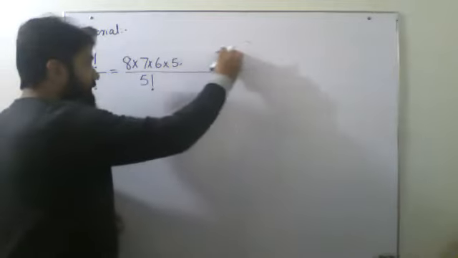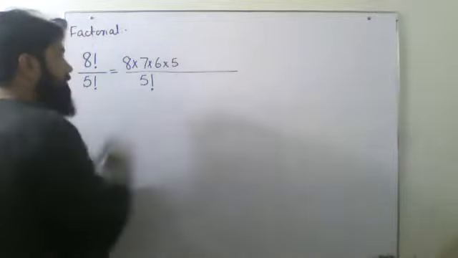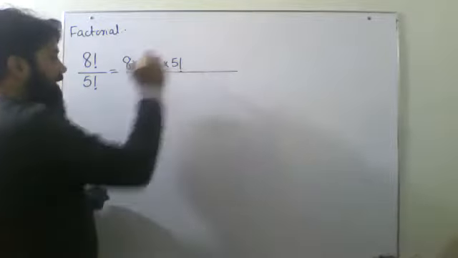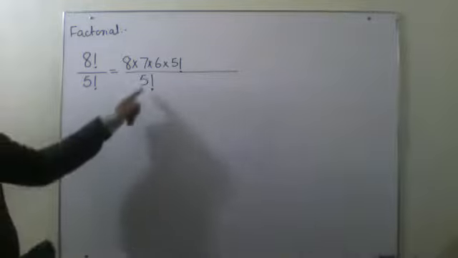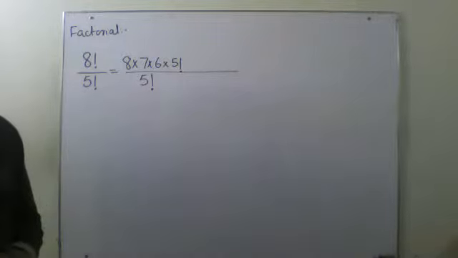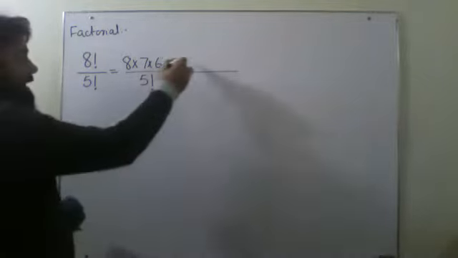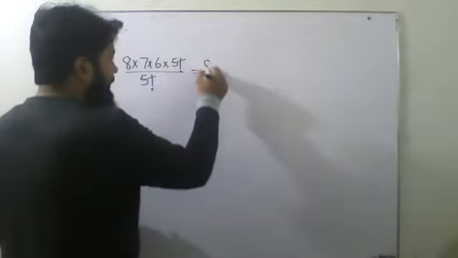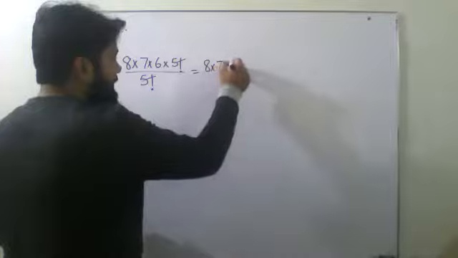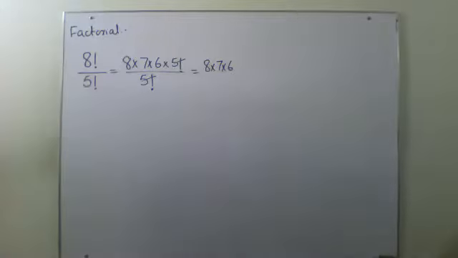I want to keep it as 5 factorial. So what will happen? We know that 5 factorial and 5 factorial will be equal. So I can directly cancel them and I will have 8 into 7 into 6 as my simplified form.